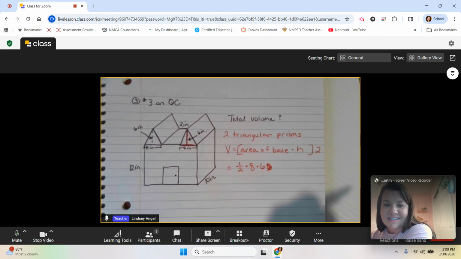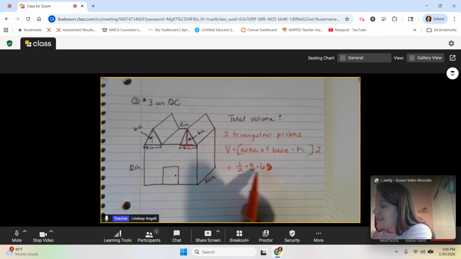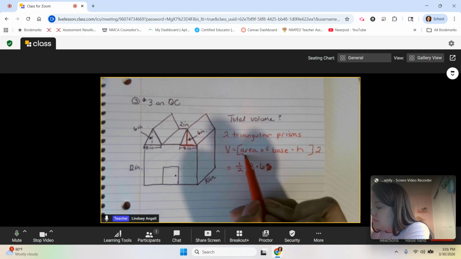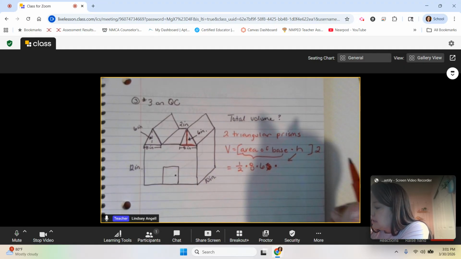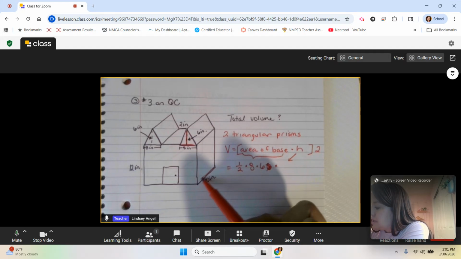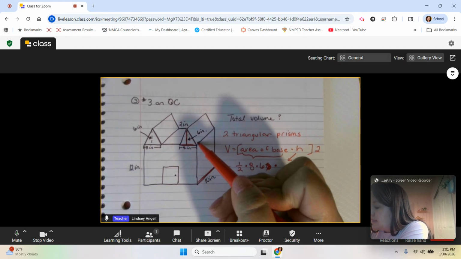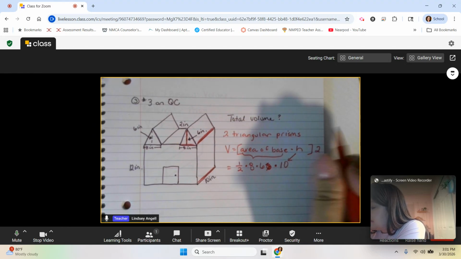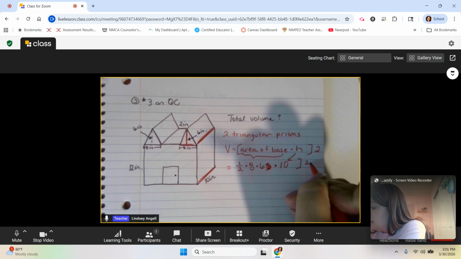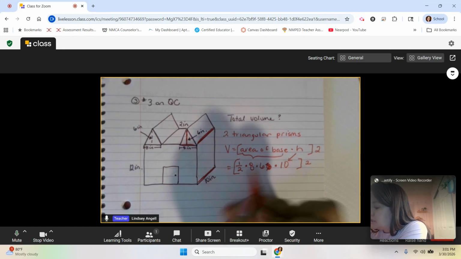So that is the area of the base. That's that whole thing. But then the height, that's 10 inches. Because this is 10 inches, that also means that this is 10 inches here. So we're going to multiply all that by 10, and then multiply the whole thing by 2.